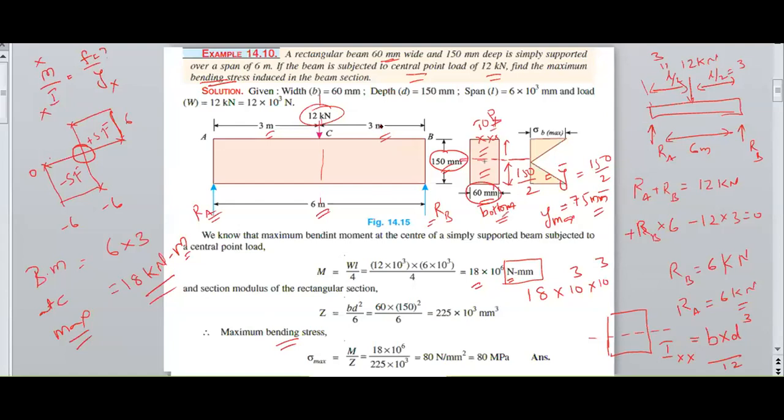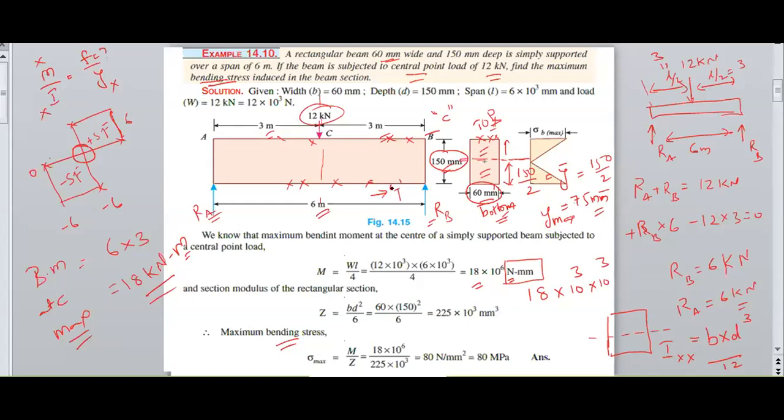But at the topmost layer, since it is a simply supported beam, it feels a compression, and the bottommost layer feels a tensile.